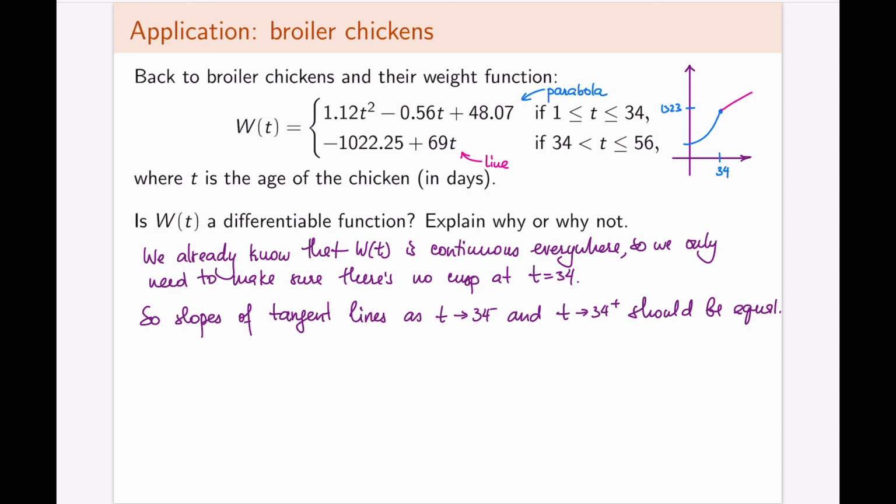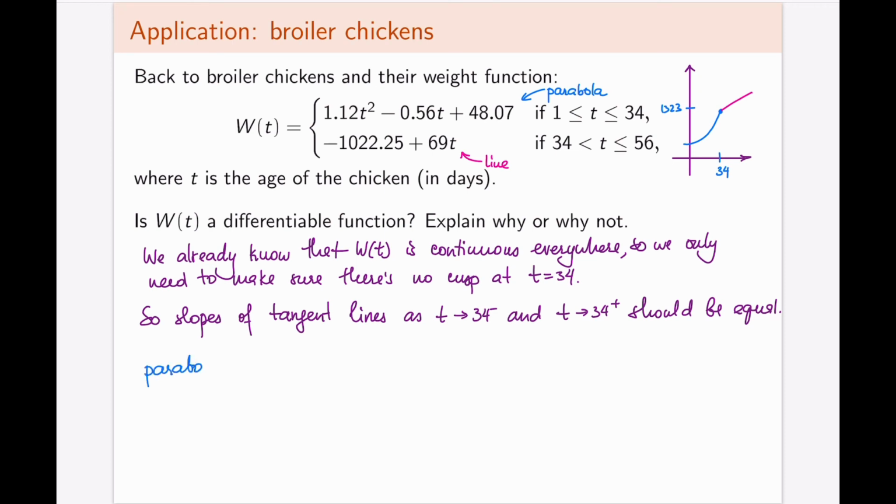So that means that I need to look at the slope of a tangent line from 34 coming from the left, and the slope of the tangent line as 34 comes from the right. So that means that I need to compare the slope of this parabola at 34 to the slope of this line at 34. So let's write that down.